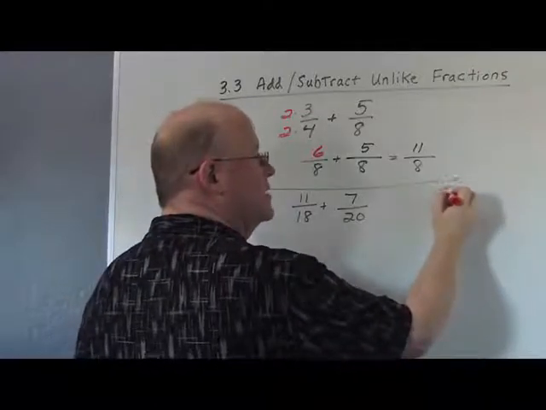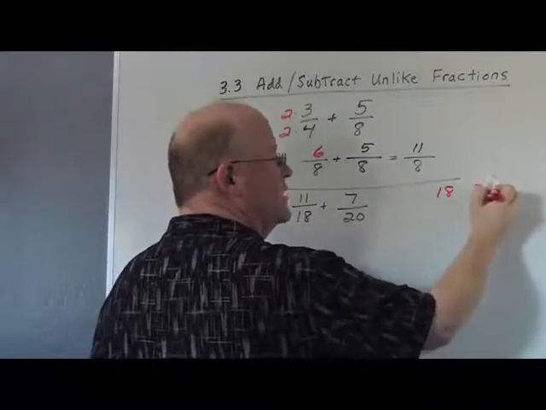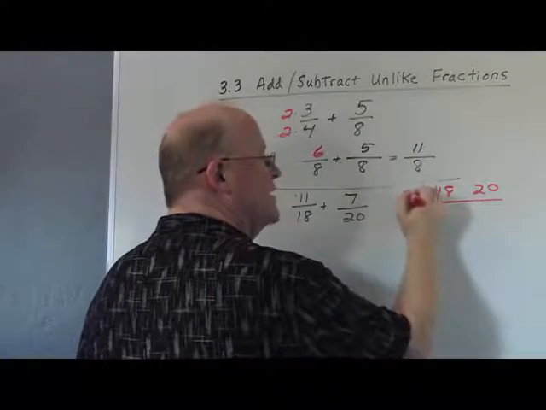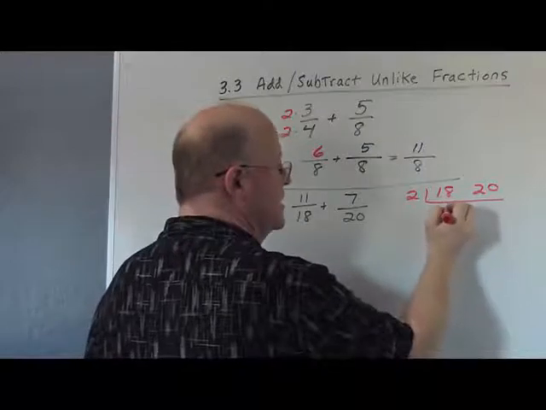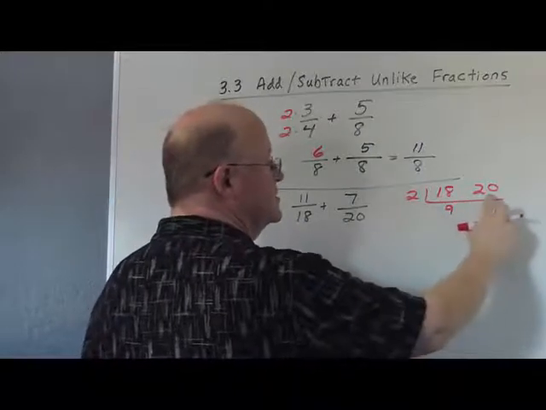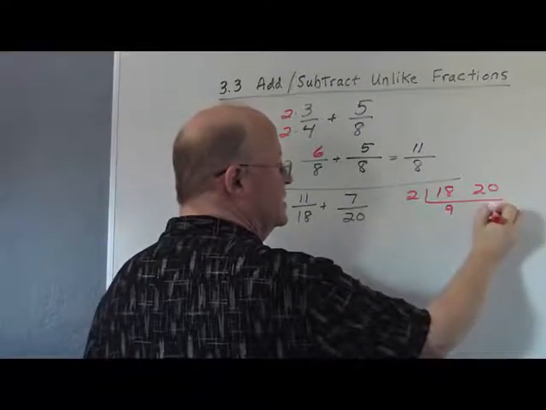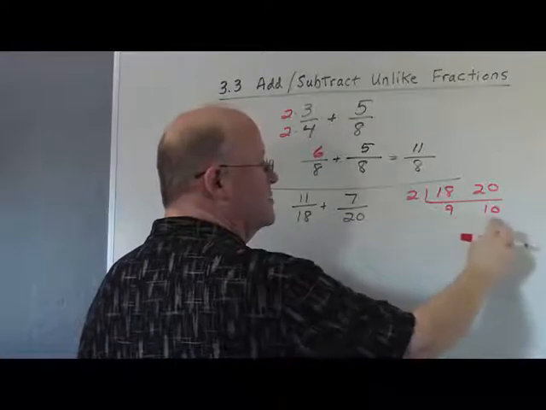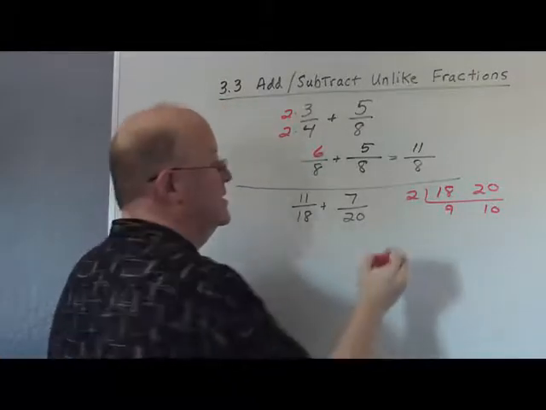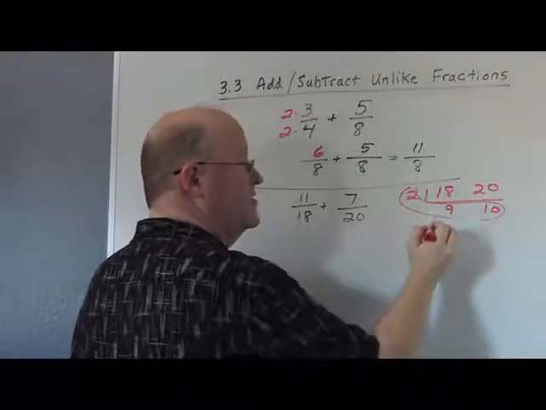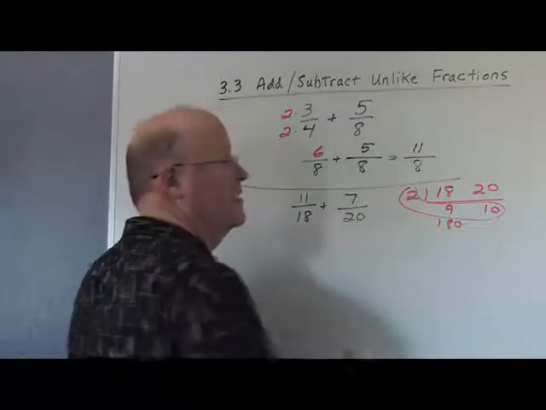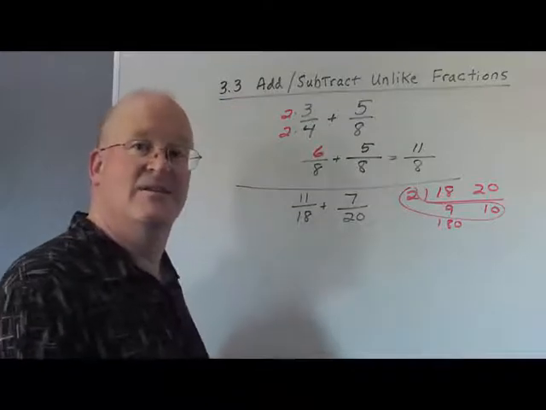Remember the method I gave you in another video where we list out 18 and 20, we divide out a common factor such as 2. 2 goes into 18 9 times, 2 goes into 20 10 times. Now there are no common factors between 9 and 10, so I can just multiply 2, 9, and 10 together to get 180. That is our least common denominator.